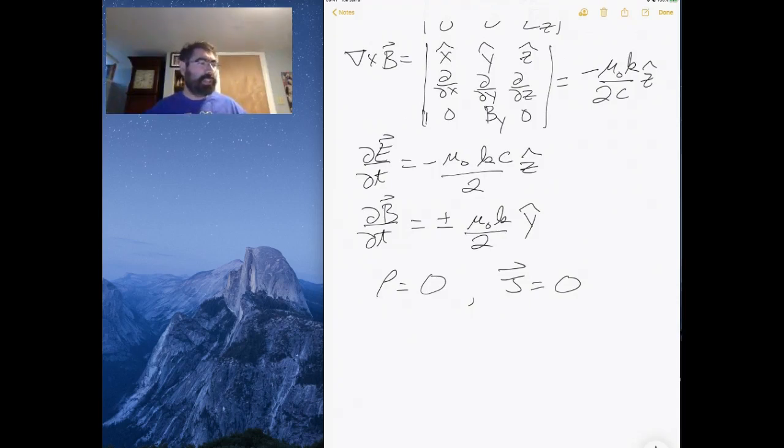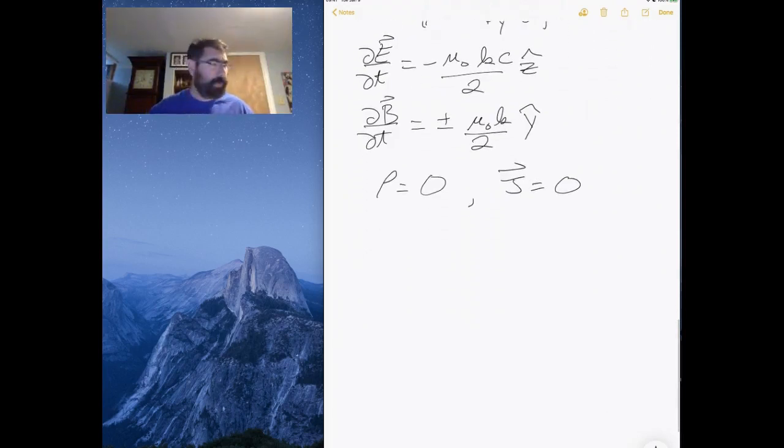So what we can look at now is the boundary. Let's look at what's going on at x equals 0. For the magnetic field, there is a discontinuity.